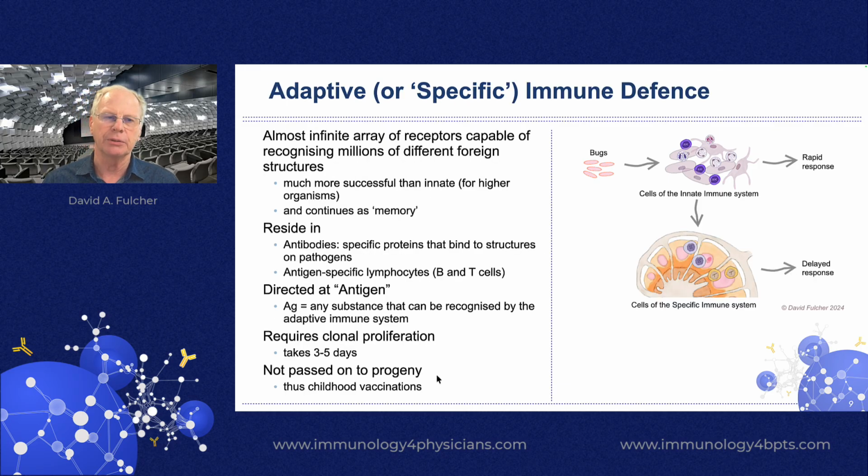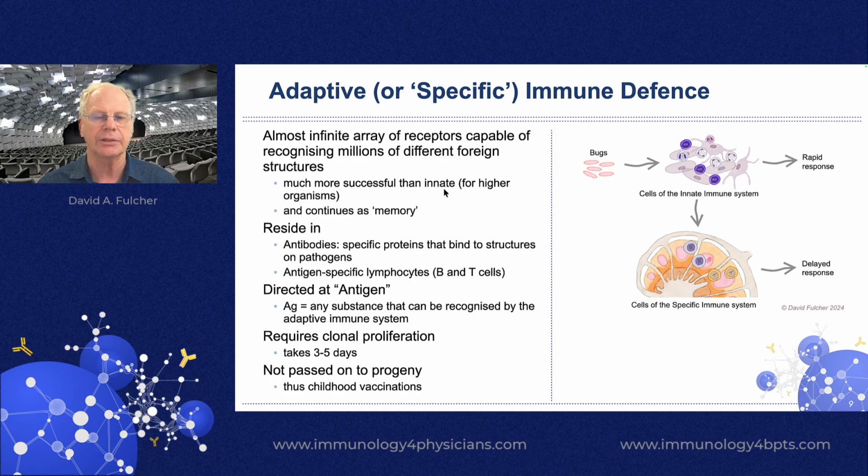So the adaptive immune response is different. The innate immune response has a limited number of receptors, about 100, by which it can recognize foreign, but the adaptive immune system can recognize orders of magnitude higher numbers of specific motifs. So this system is obviously more successful than the innate.